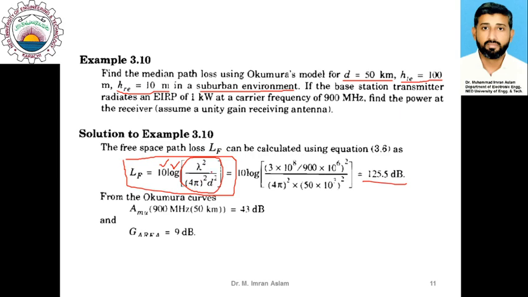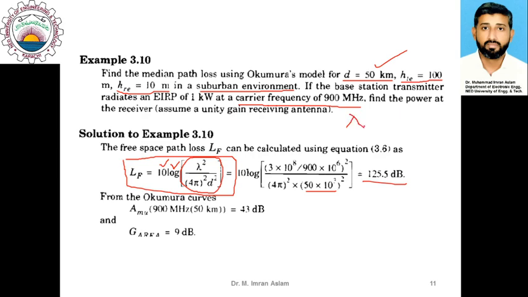This 4 pi squared is constant. D is given as 50 kilometers, so in this formula we have substituted 50 into 10 raised to power 3, whole squared. Lambda is the wavelength, which is not mentioned in the problem, but we are given the carrier frequency of 900 megahertz, and we can use that to calculate the wavelength.